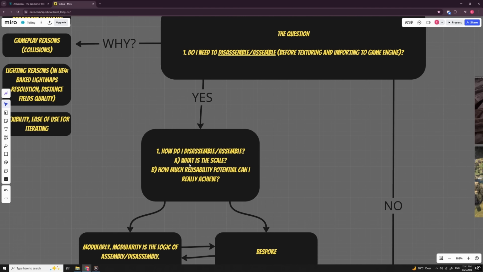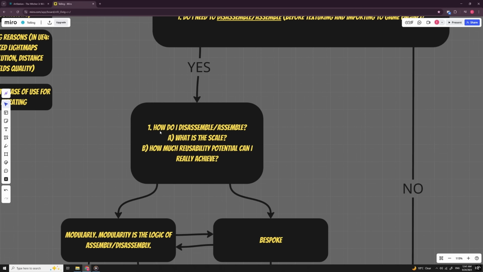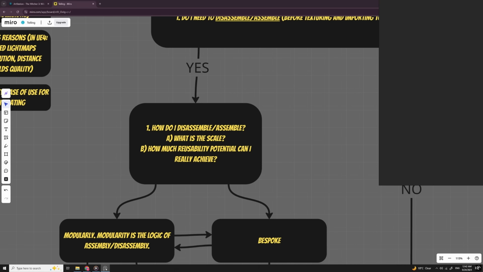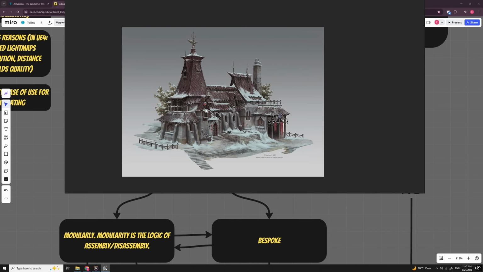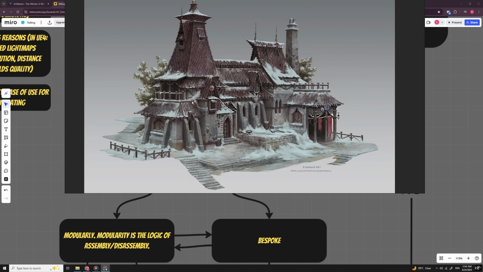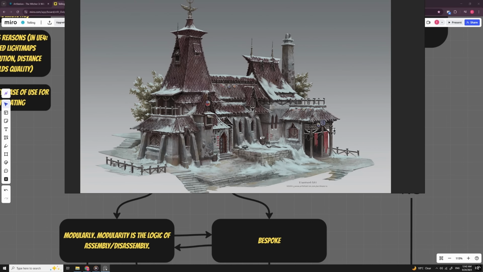And then the next question we ask ourselves is, how do I assemble? What is the scale? How much reusability potential can I achieve? Let's open up our concept. Let's say our game is a third-person action game, and we understand that we will be disassembling this house into its constituent parts.